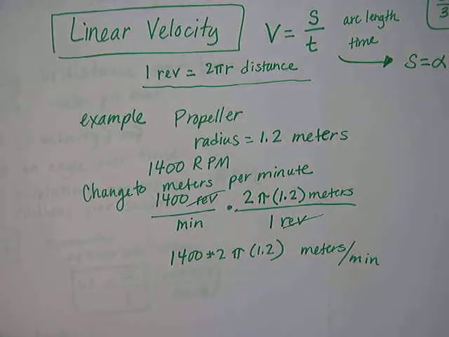All right, so then we just take our calculator: 1400 times 2 times pi times 1.2, and that will give us our meters per minute. Let's go ahead and do a decimal. Don't worry about leaving it in terms of pi. So just throw that in your calculator.